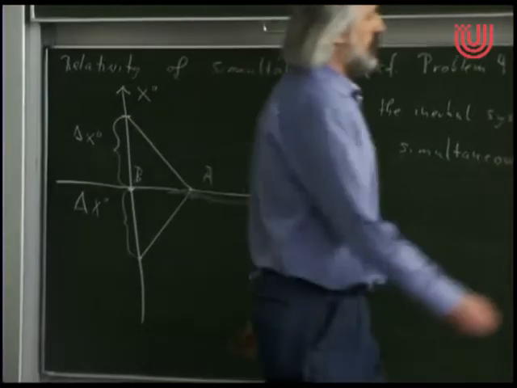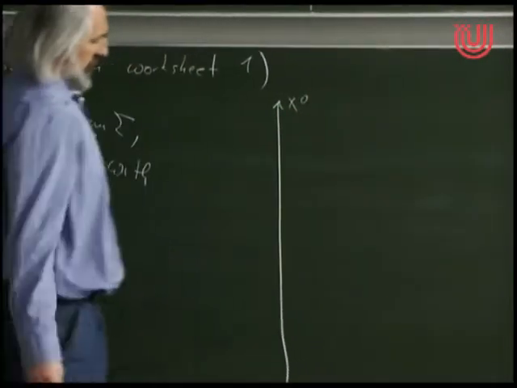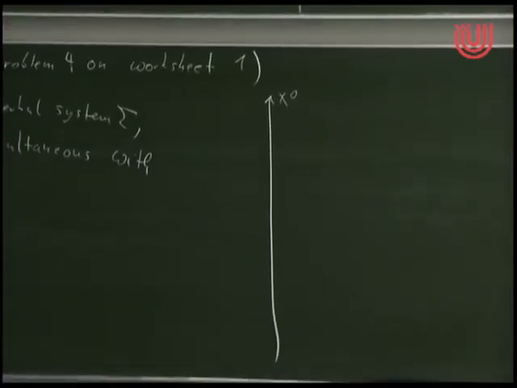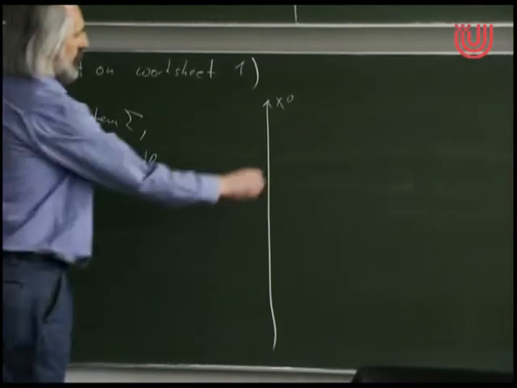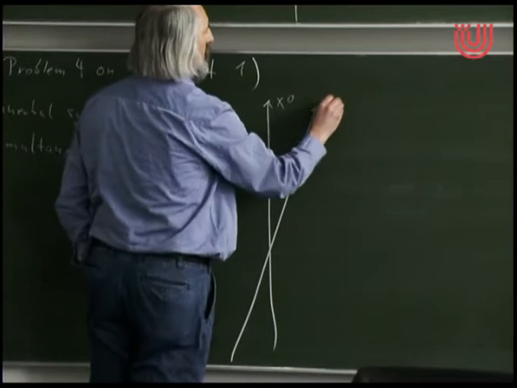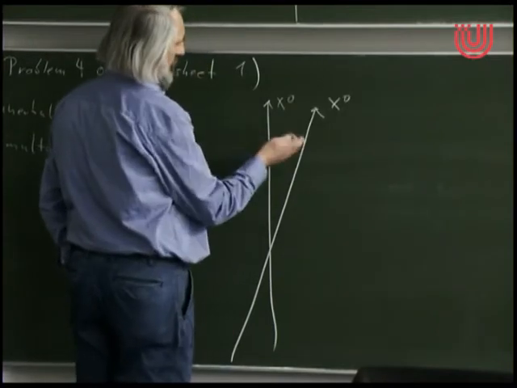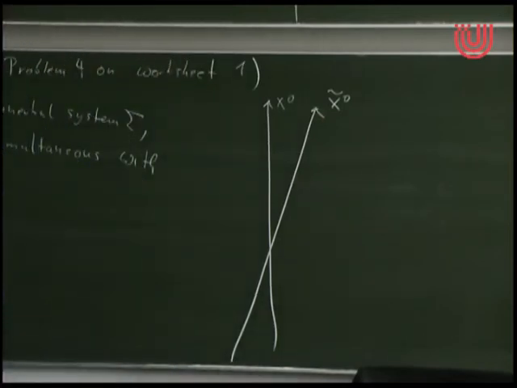So my old inertial system had this axis here, x0. And now I introduce another inertial system. Inertial means the observers who are at rest are moving in straight lines. So what can happen is only that this has a certain angle, which must be smaller with respect to the vertical than 45 degrees. And let's denote the coordinates in this new system with a twiddle.